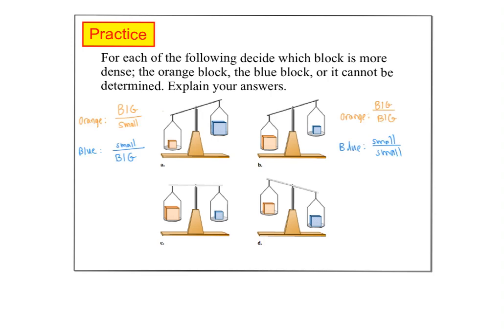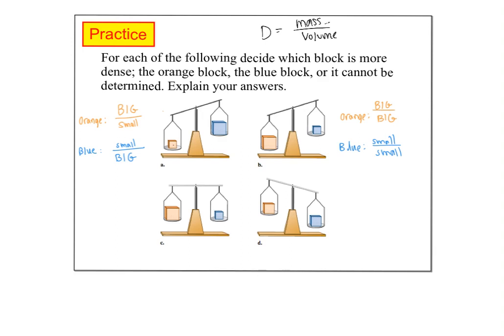All right, so I'm going to look at A first and talk through my thinking here, and then hopefully you can figure out C and D. But here's what I'm looking at. I know that density is equal to the mass divided by the volume. So let's look for A at the masses. These two blocks are on a scale, and we know that heavier things, with more mass, are going to push that scale down.